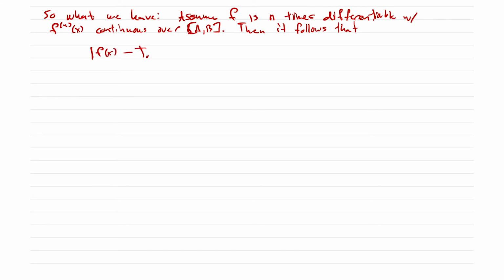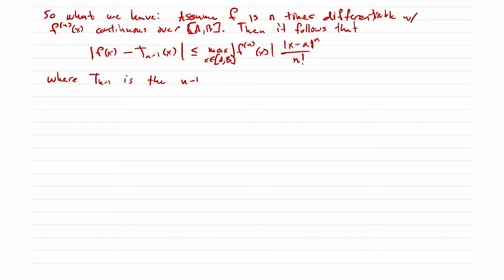the absolute value of f(x) minus T_{n-1}(x) is less than or equal to the maximum of the absolute value of f^(n)(x) for x in [a,b], times the absolute value of x minus a to the nth power divided by n factorial, where T_{n-1} is the (n minus 1)th derivative Taylor polynomial centered at a inside of [a,b].